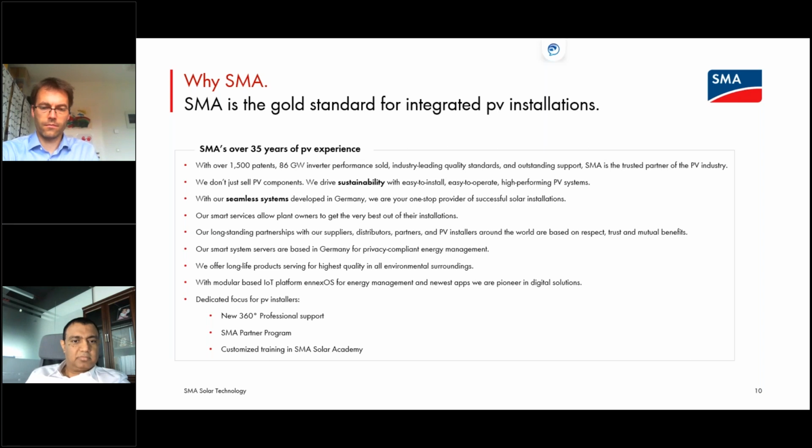And as you all know, there are a lot of companies coming more and more into this field of industry, which are not focusing on what they are basically doing. So SMA is purely focusing on renewable energies, a solution approach with PV and other renewable energy sources, also battery integration.